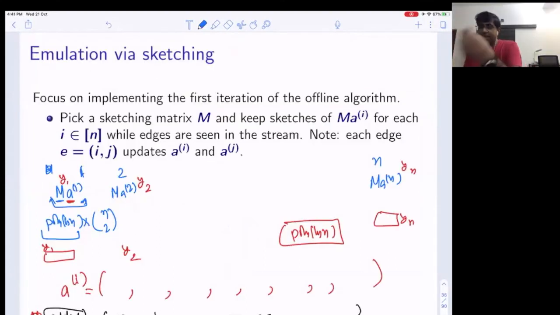Now each edge ij comes, we update both A of i and A of j in small space. This matrix M, as I told you, you can generate the columns of on the fly, whenever you need. We have seen that before, but we'll see the sketch matrix construction again today.